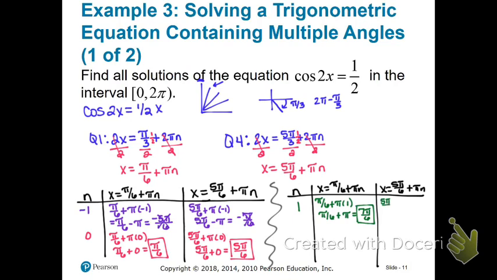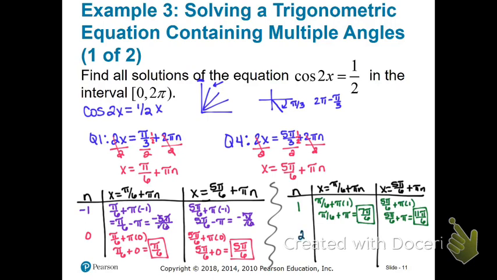Let's plug in 1 to the other one. So 5 pi over 6 plus pi, 11 pi over 6. Is that between 0 and 2 pi? Yeah, because remember 2 pi is 12 pi over 6, right? So this is smaller, so we're still good. We're going to keep going until we get a row that nothing works on, okay?